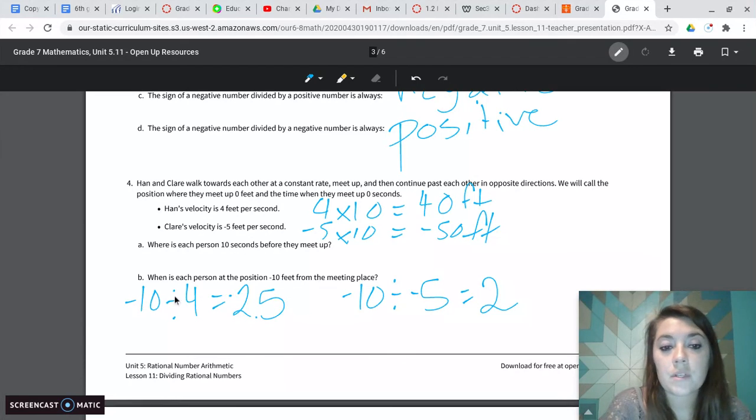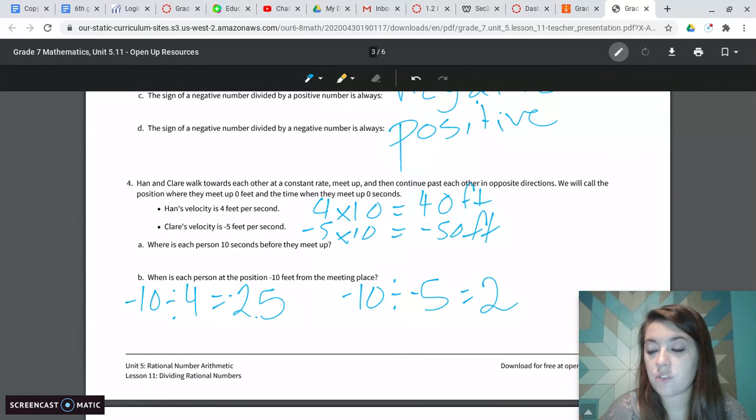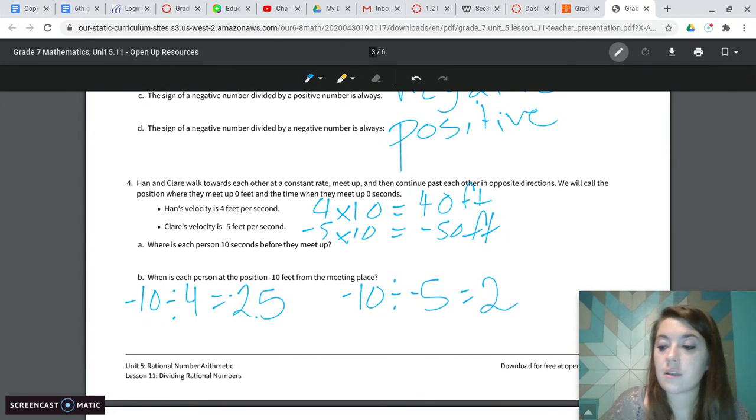So we're taking the position and dividing it by the velocity. Negative 10 divided by 4 gives us negative 2.5, and negative 10 divided by negative 5 gives us a positive 2. So positive 2 seconds there.